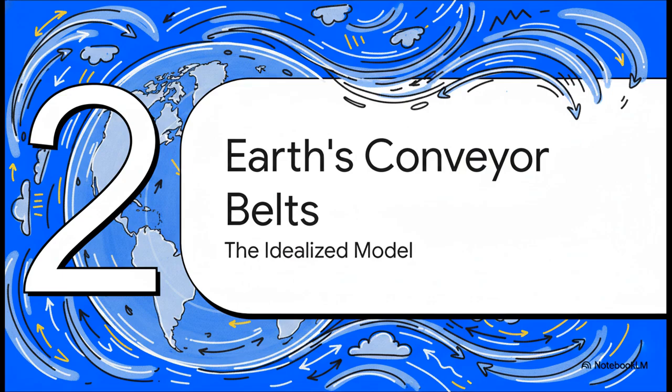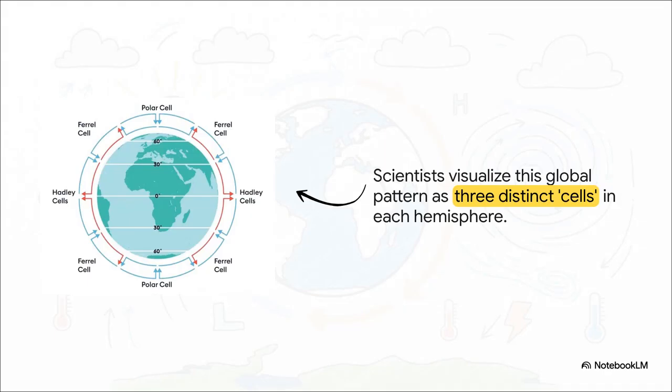Okay, so now let's see how these forces come together to build this really beautiful and elegant model of global air circulation. To really make sense of all this, we use a simplified model. I want you to imagine 3 giant, interconnected conveyor belts in the northern hemisphere and another 3 just like them in the southern. And their whole job is to move heat from the hot equator up towards the cold poles.